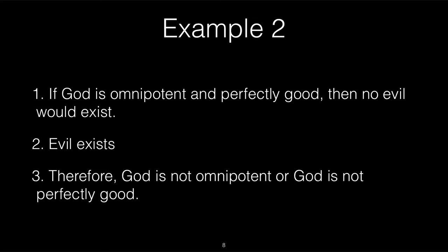This is what we discuss in philosophy or religion as the problem of evil, right? If you have an all-powerful God and an all-good God, how can there be evil in the world? So this is the argument that one might make to say that either God isn't all-powerful or that God isn't all-good.